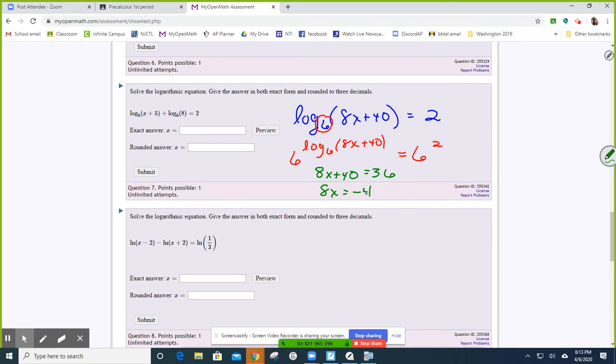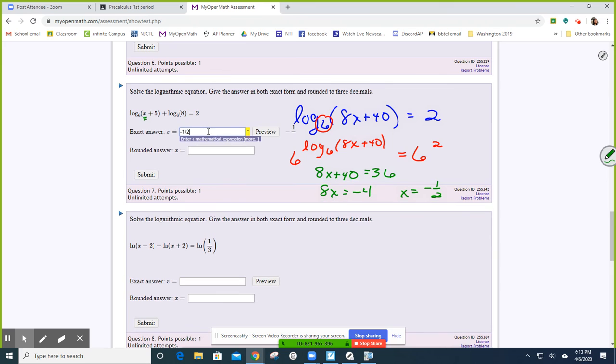And then I'm going to divide both sides by 8. Now, I have to check something here. I got a negative answer. But if I put the negative answer in right here, is the inside of here still going to be positive? It is. It's just going to be 4.5, so we're okay. So I'm going to come right here and say negative 1/2. And I'm going to come right here and we'll say negative 0.5.